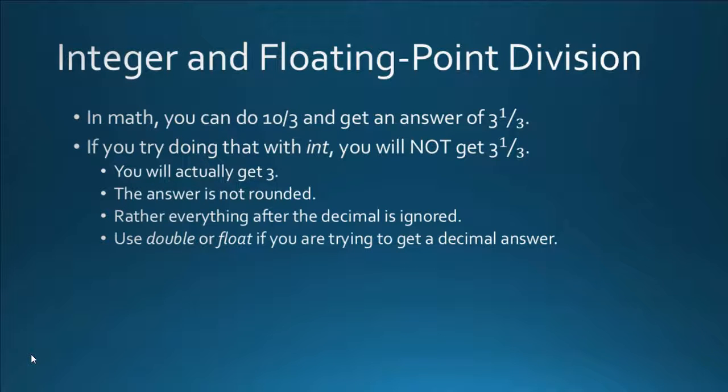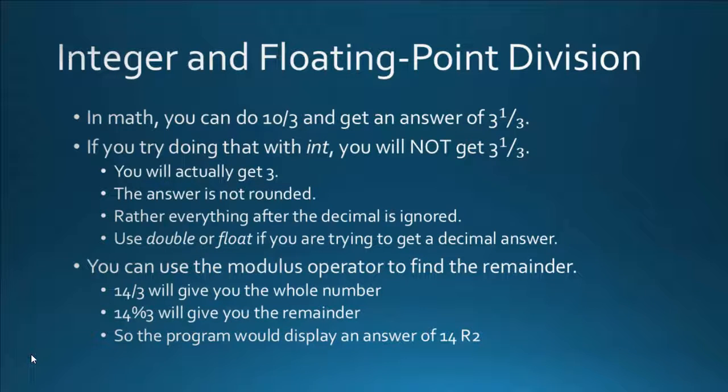It's truncating, which is a very different thing than rounding. Truncating means everything after the decimal point is ignored. So even though it's 3.3333333 repeating, anything after the decimal point is truncated off. If I want a decimal answer, I'm going to use double or float, so I'd have to use double and then do 10 divided by 3.